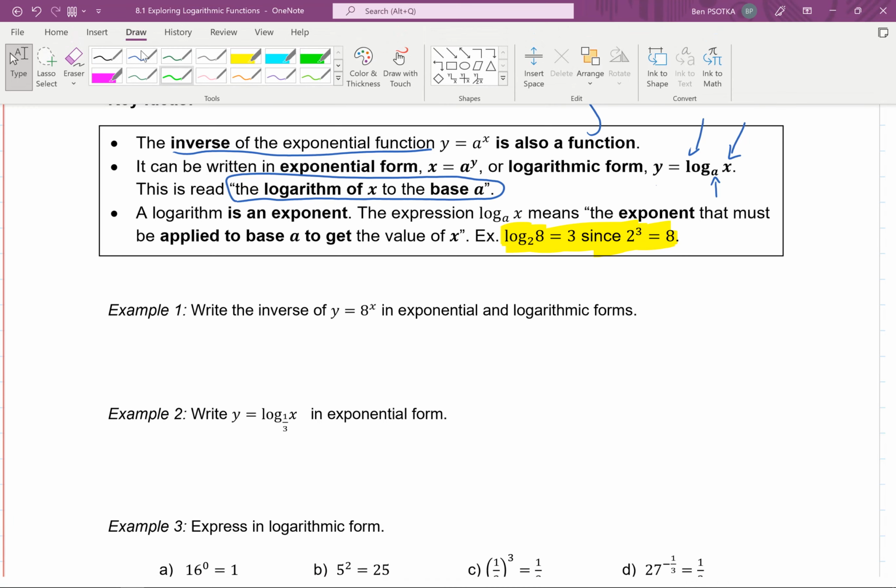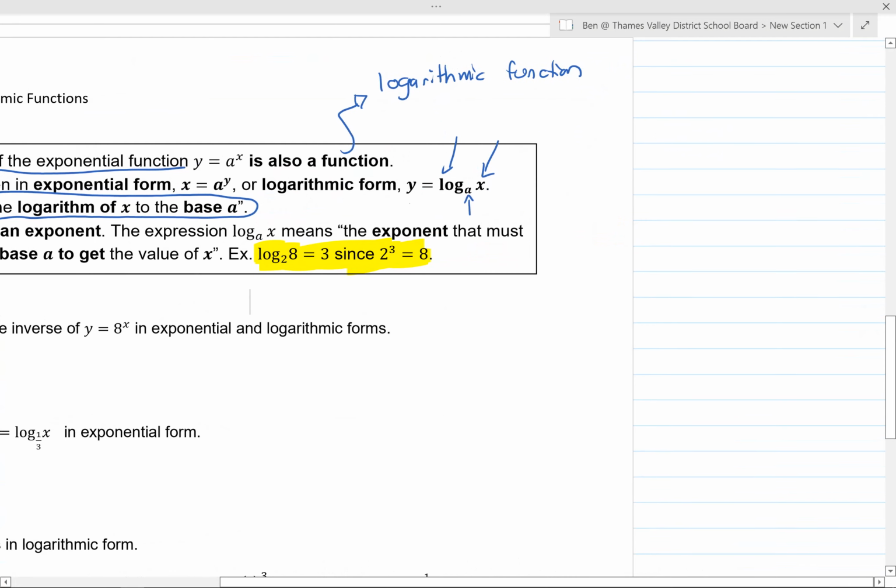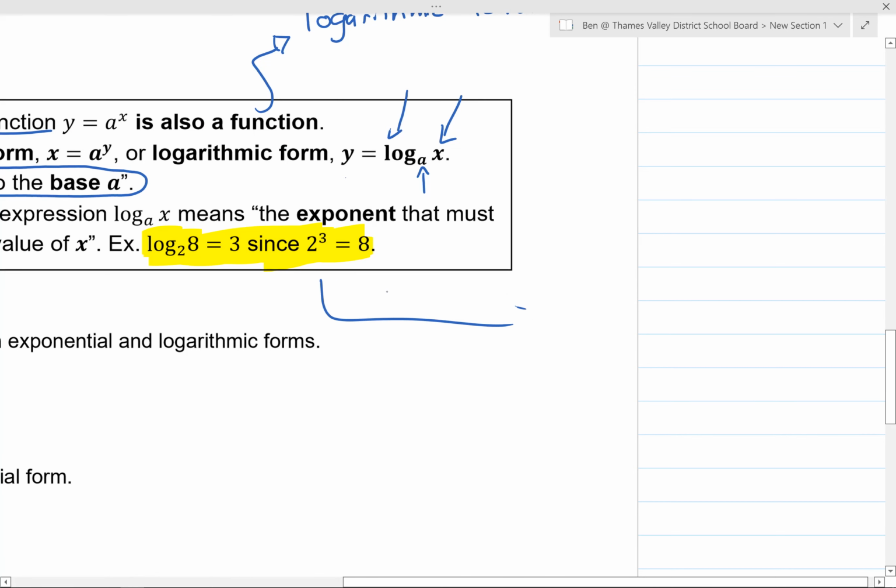Now, we don't necessarily need to memorize this because we can consider, okay, log base 2 of 8 equals 3. If we write that down, we can think, okay, if it's base 2, then if I'm writing an exponent, my 2 needs to be the base, and I need something in the exponent, and it will equal something.